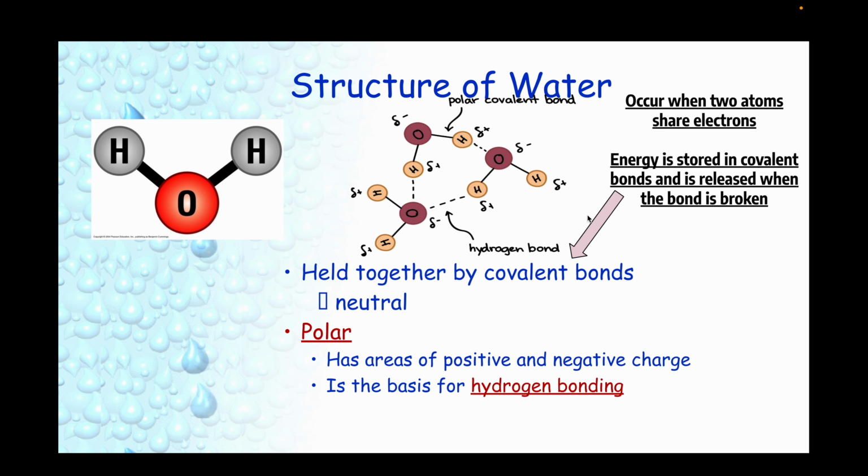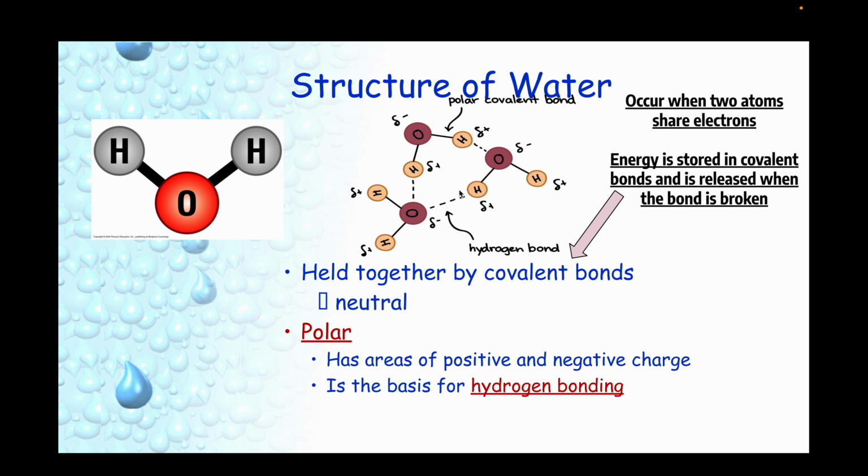And so this is the basis for hydrogen bonding. So you can see the hydrogen bonding right here. And so another thing you want to know is that water is held together by these covalent bonds. And what a covalent bond is, if you don't remember from our last video, is when two atoms are sharing electrons, and energy is also stored in these covalent bonds.